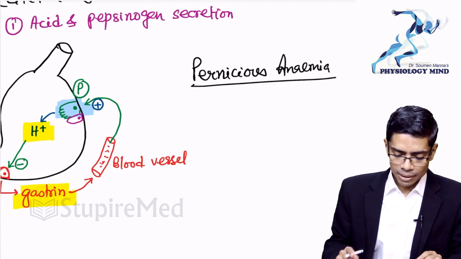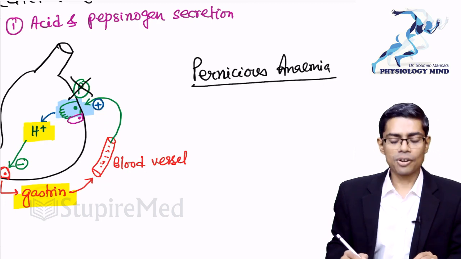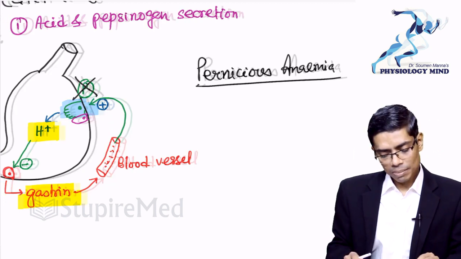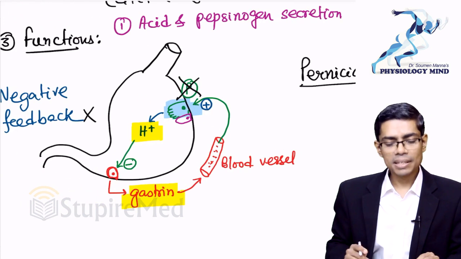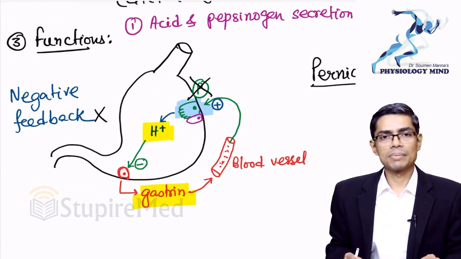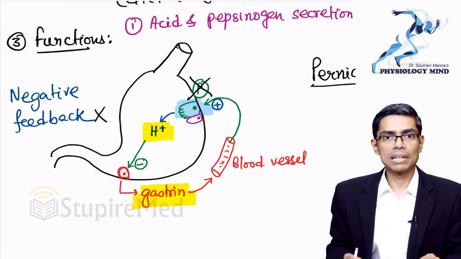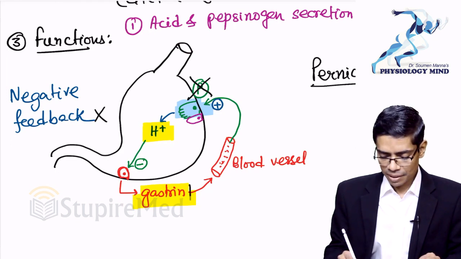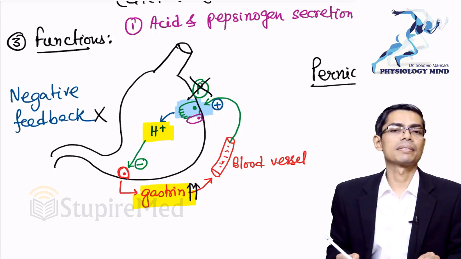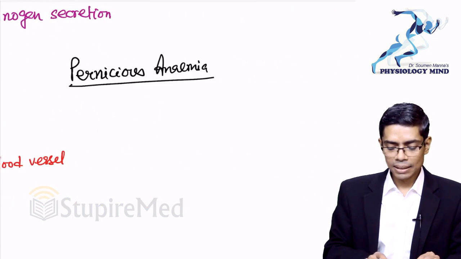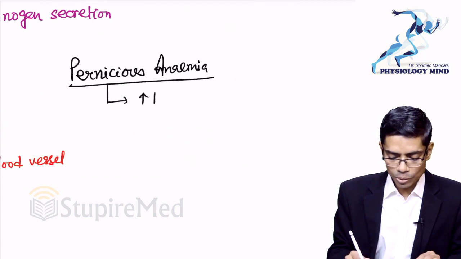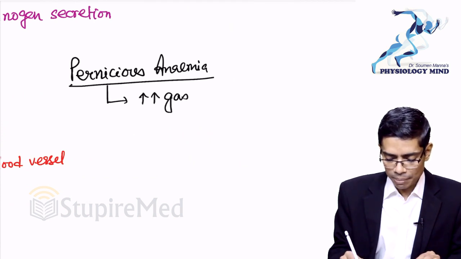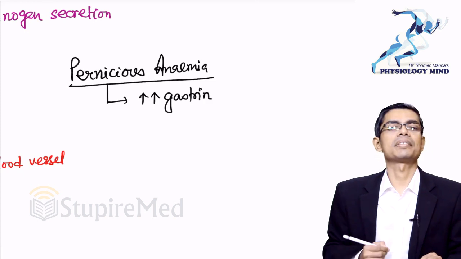So the parietal cell will be destroyed because of the antibody. Then the negative feedback mechanism will not be there, and gastrin release will be increased. That's why it is said that in pernicious anemia, a huge amount of serum gastrin is present.